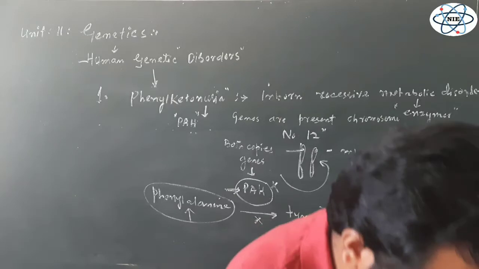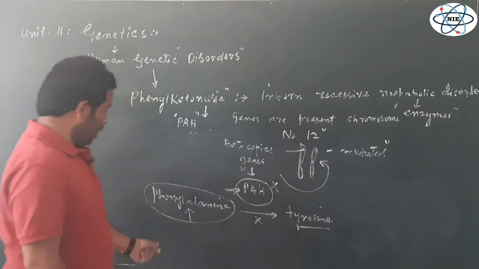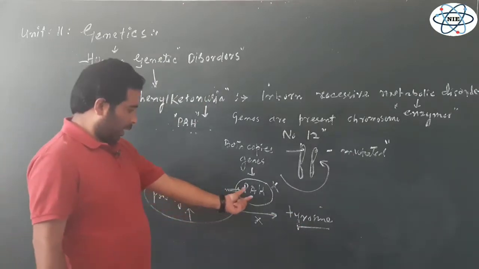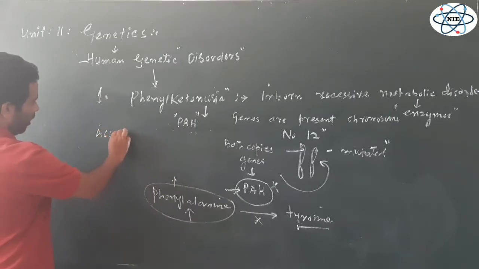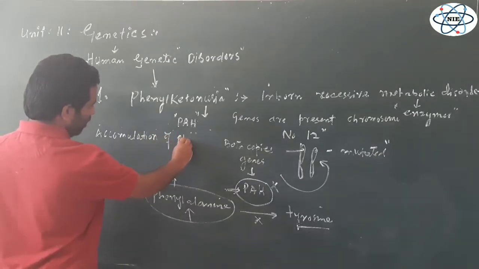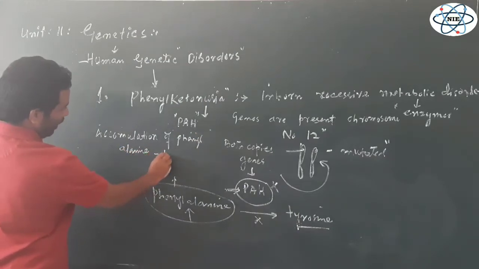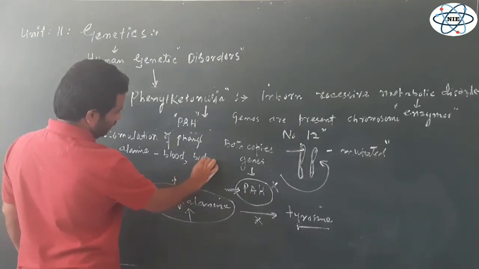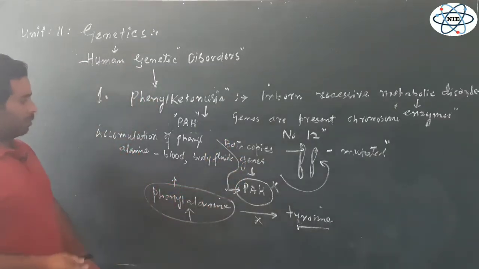Due to the lack of the enzyme phenylalanine hydroxylase, the reaction is blocked here, and phenylalanine accumulates in blood and other body fluids like cerebrospinal fluid.